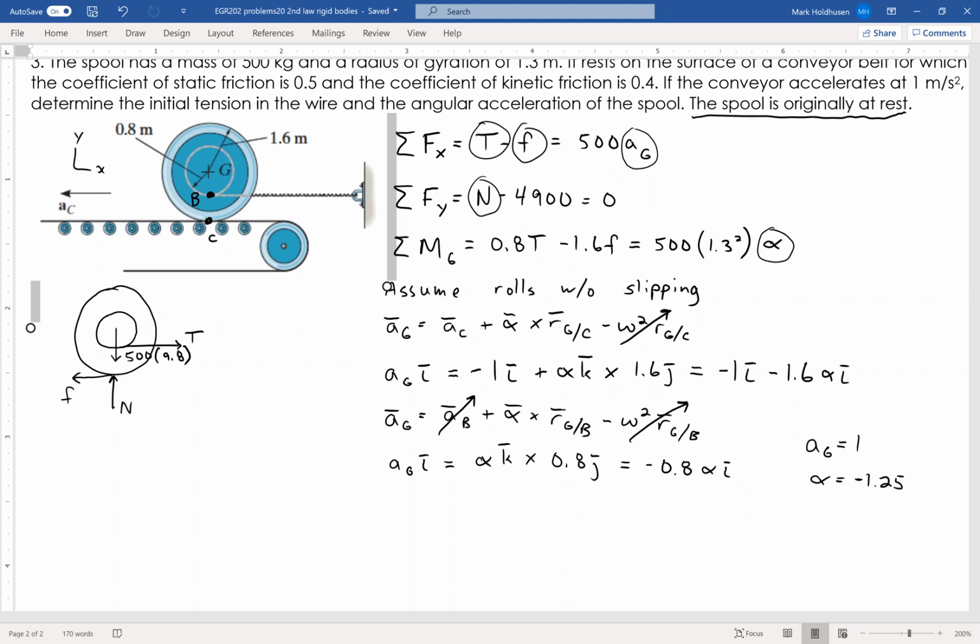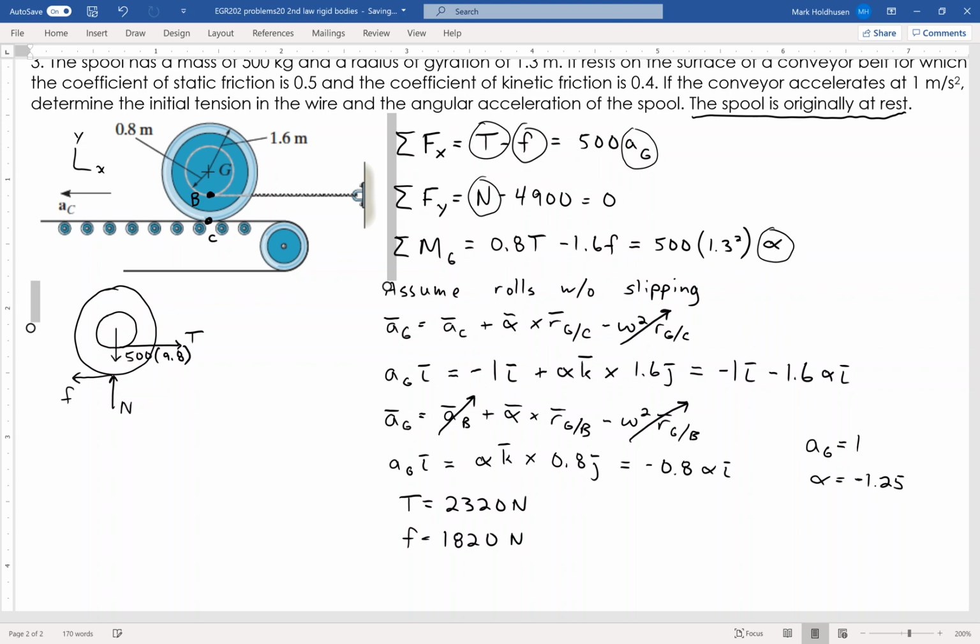I know the alpha and acceleration for that case. Now that I know that, I can go in and solve for my other unknowns here. And when I do that, I find that my T equals 2320 newtons, and my F equals 1820.